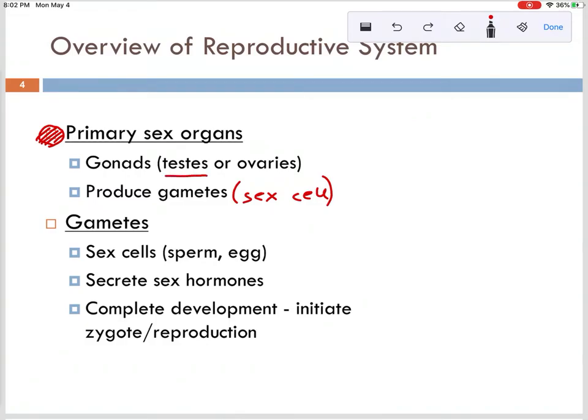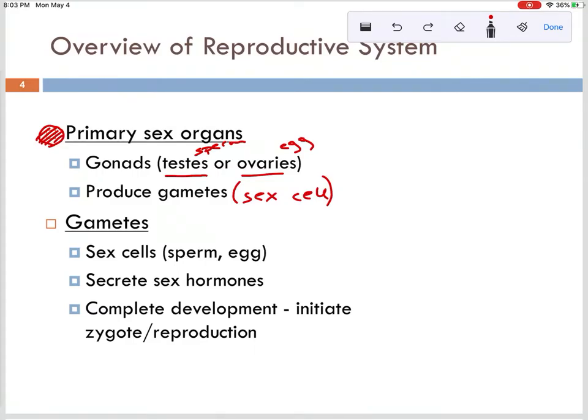So in the case of a biological male, it is the testes because they produce sperm, and in biological females, it is the ovaries because they produce the egg.